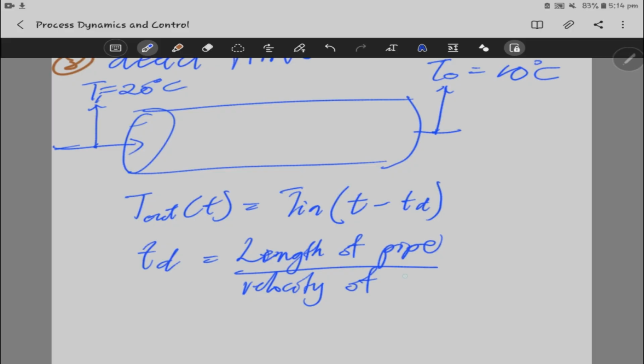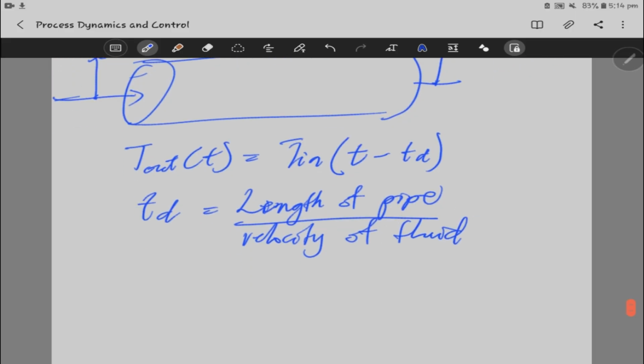When you do the dimensional analysis, you see that it gives you time in seconds, because length is, let's say, in meters, and velocity will be meters per second. When you do everything right, you end up getting seconds. So that will give you the delay time for a particular system.